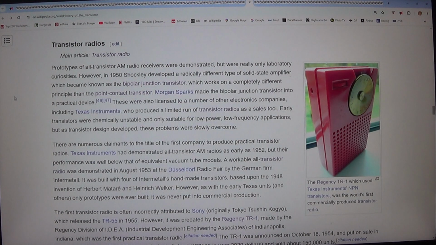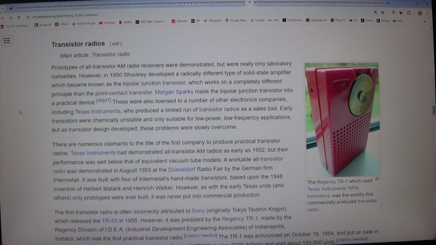Morgan Sparks made the bipolar junction transistor into a practical device. These were also licensed to a number of other electronics companies, including Texas Instruments, who produced a limited run of transistor radios as a sales tool.